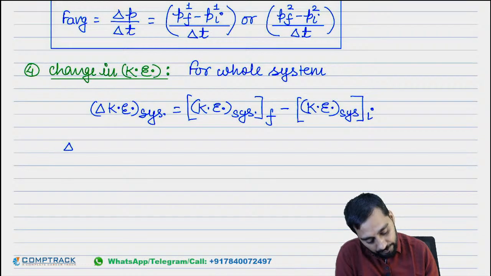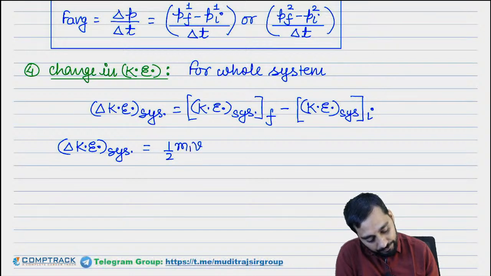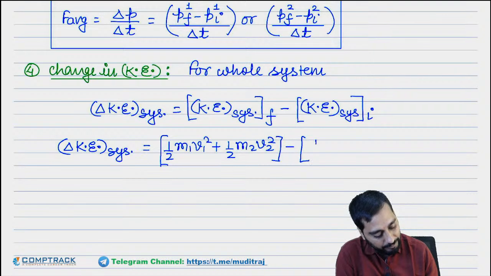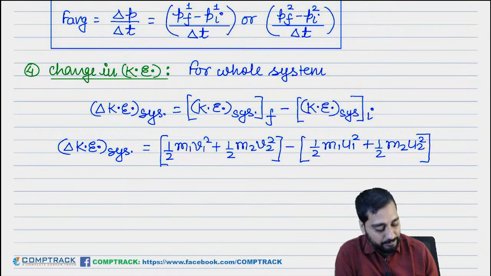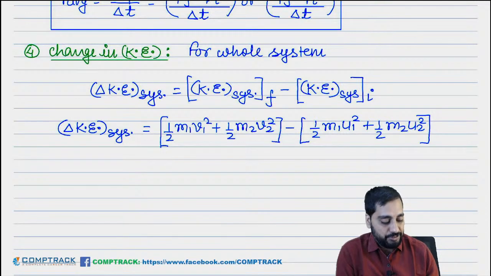So what will be the value of change in kinetic energy of the system? Final will be half m1 v1 square plus half m2 v2 square. These are the final velocities, so final kinetic energy, and these are initial velocities, so these are initial kinetic energies. So we will add like this. So this will be the change.